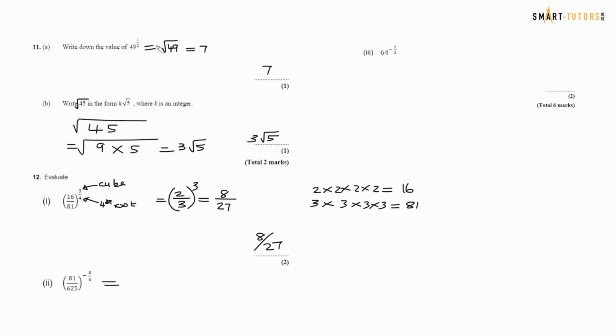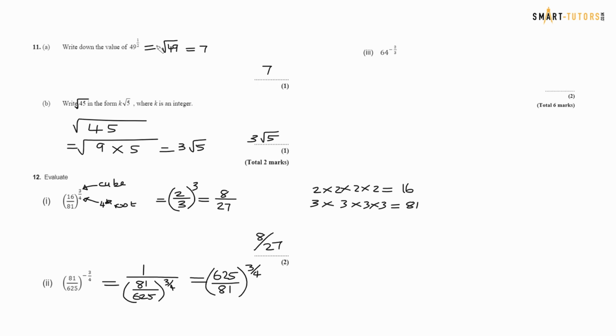81 over 625 to the power minus 3 upon 4. So 1 over 81 over 625 to the power 3 upon 4. So a negative power can be simply written as 1 over the base with the negative power changed to positive power. Another method: if you see a negative power and it is a fraction, you need to flip the fraction, 625 over 81, and write the same positive power.